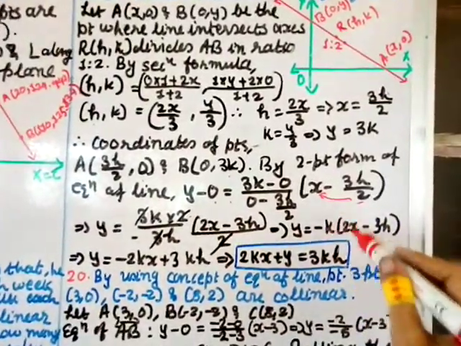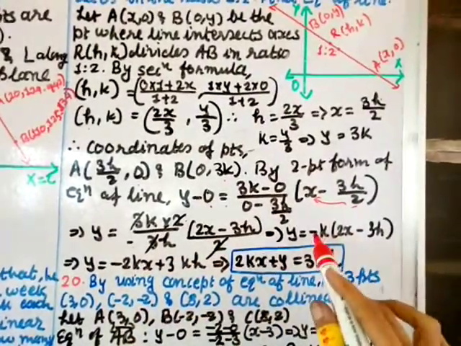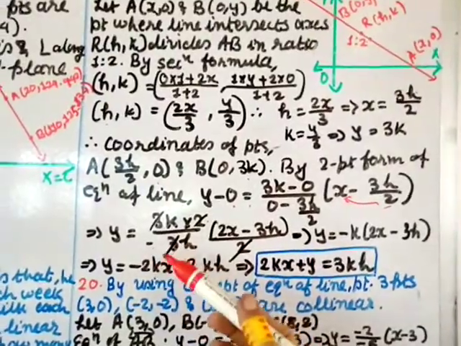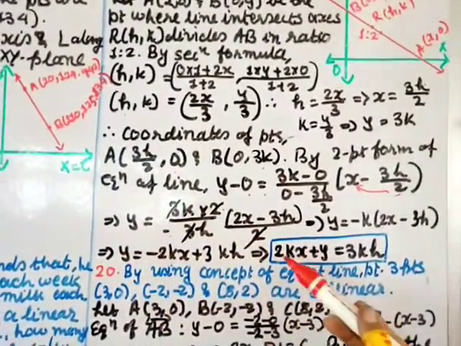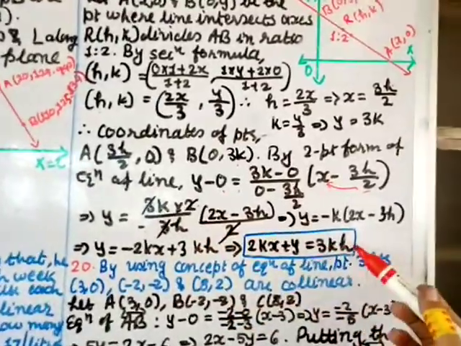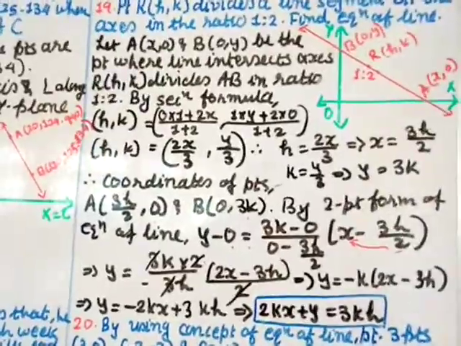Okay, multiply this k inside, negative k, so minus 2kh x, and minus times minus gives plus 3kh. Now as I said, the x value should be positive, so transfer this over here, so you get 2kx plus y equal to this, you just keep here 3kh. So this is the required equation of the line with the given condition.